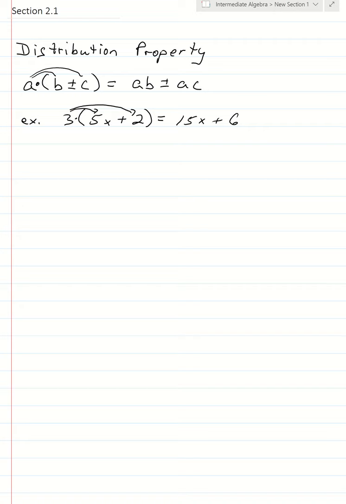Another common thing that we need to do is to combine like terms. Now, what's meant by like terms? Okay, in order for terms to be considered like terms, they need to have the same variable as well as the same exponent.